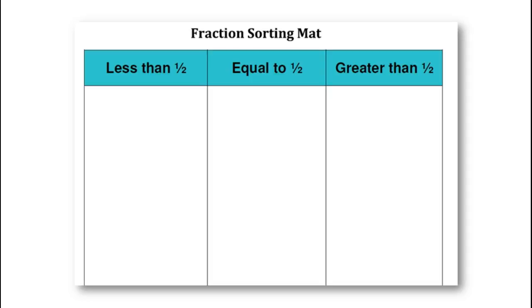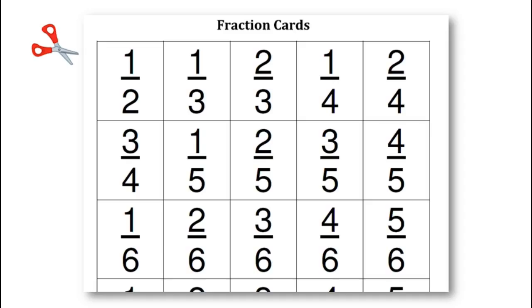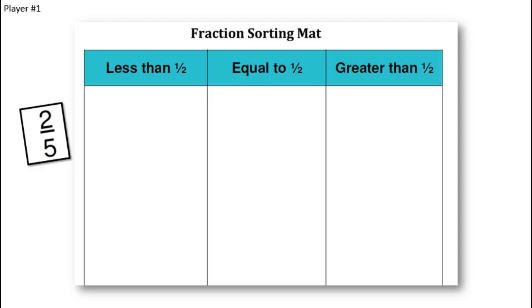Let me explain how this game will work. You will have cut out your fraction cards, so you basically have a little tiny stack of cards. You flip them over upside down, shuffle them up, and then player one is going to choose a card. Player one has to decide on their sorting mat if 2/5 is less than 1/2, equal to 1/2, or greater than 1/2.